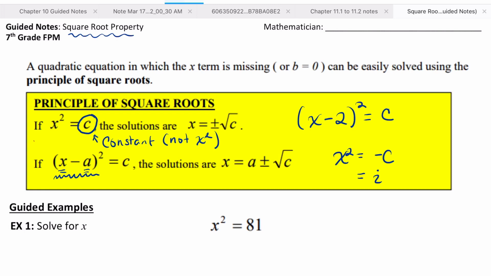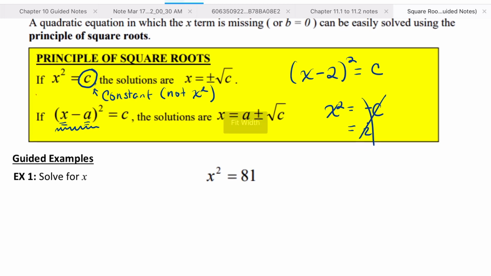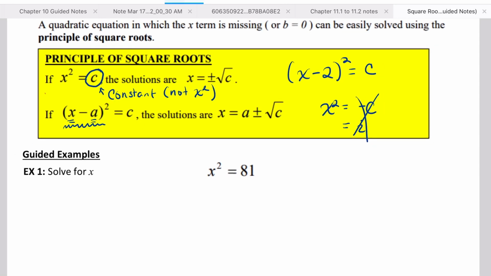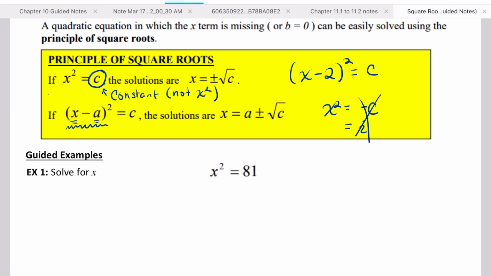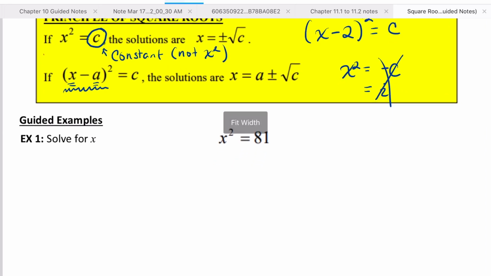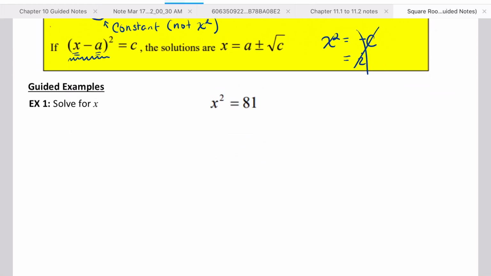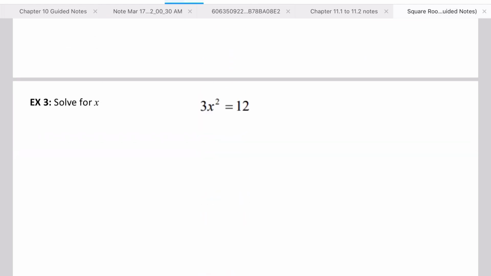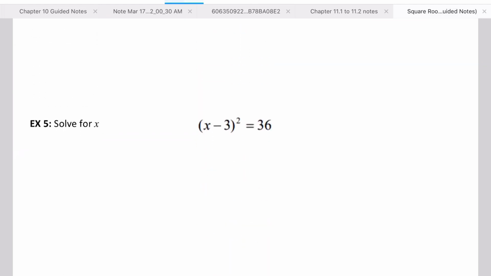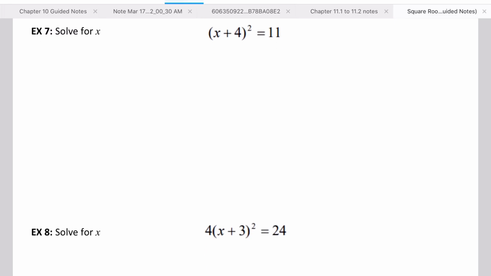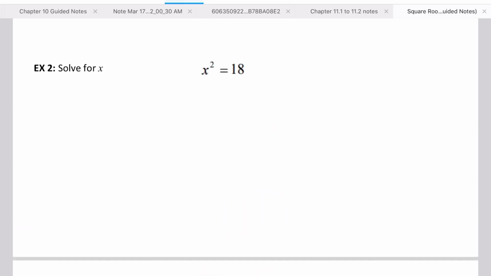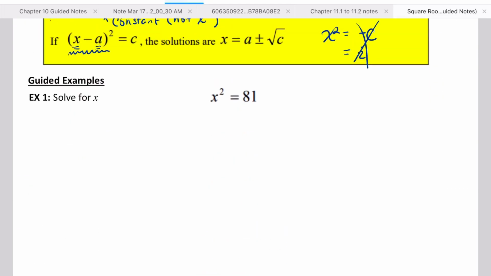I'm just showing you here that you can get an imaginary number, but that's something you'll see when you take Algebra 2. I don't think you do that in geometry. So let's go ahead and dive into our first example. We have lots of examples here to go over, and they get a little bit different as we go along, but I think it's a good mix of problems.